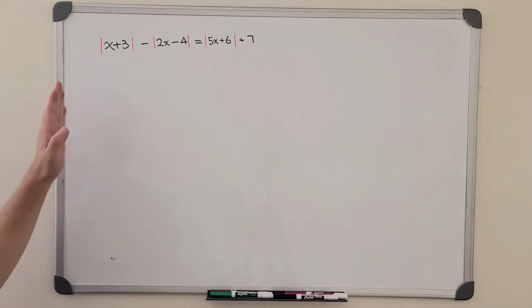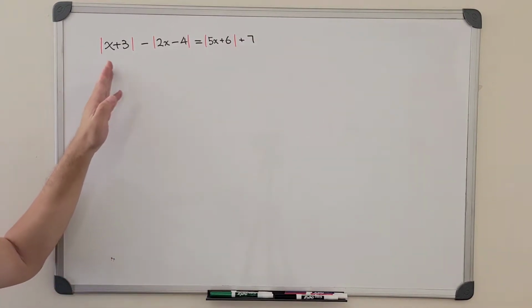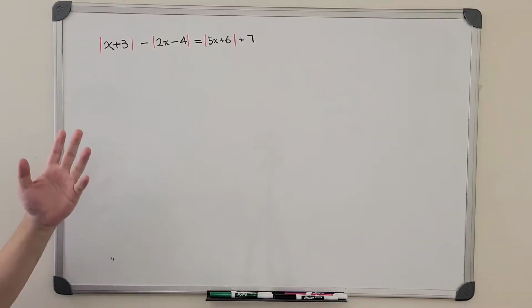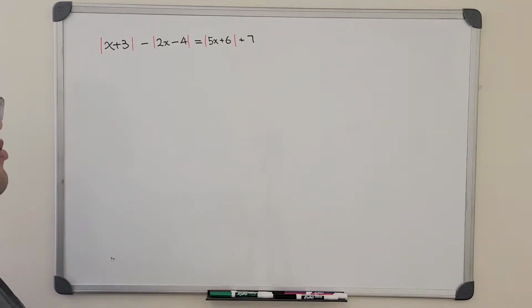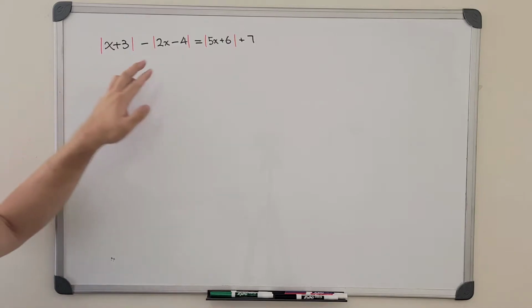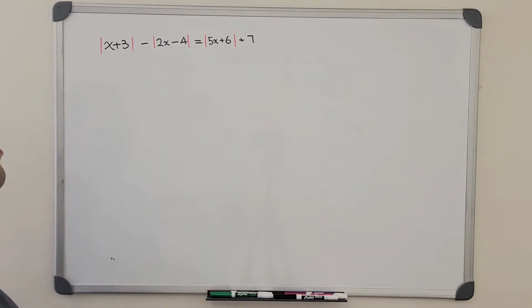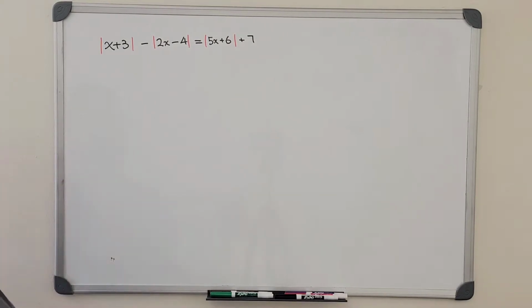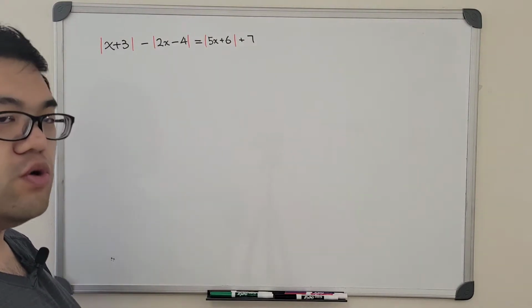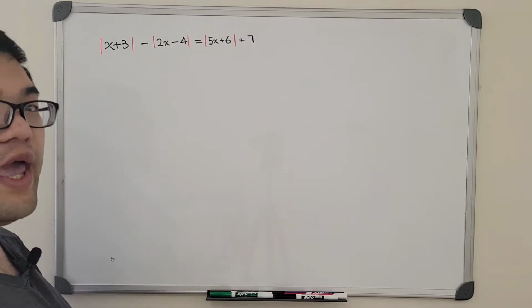So if we have an equation that contains more than one absolute value, for example, in this case, we have 3 absolute value signs, then we will have 2 options for each term. So there will be 8 options in total, or in other words, 8 cases.